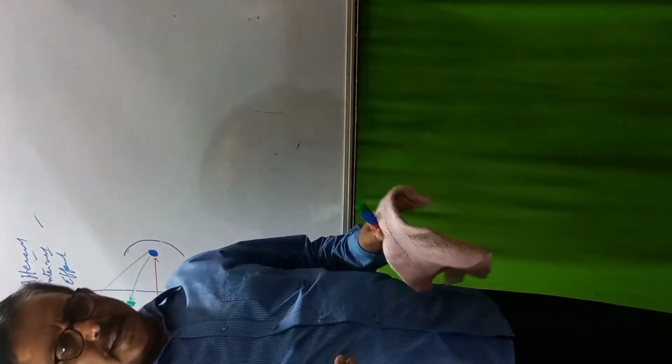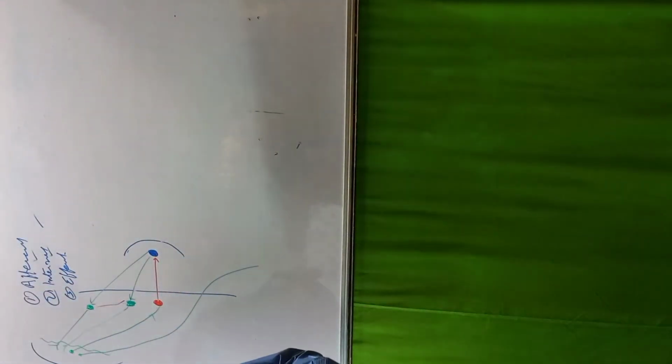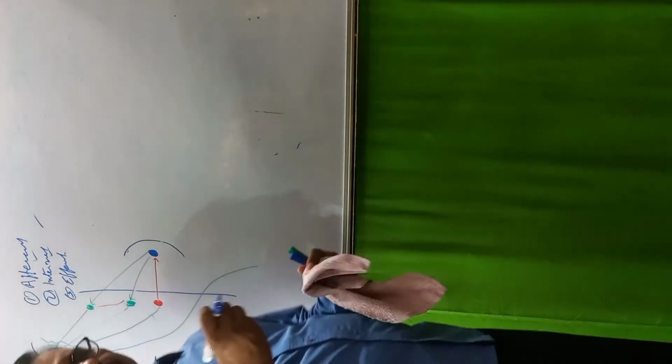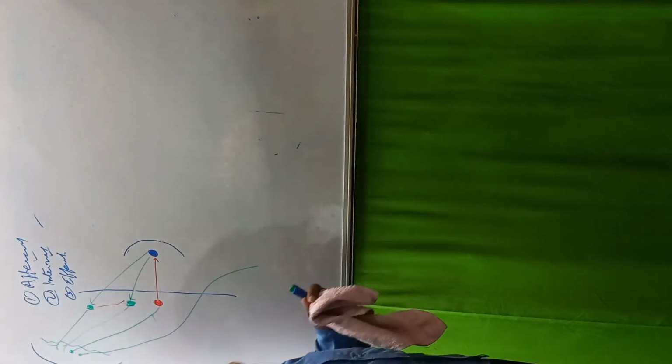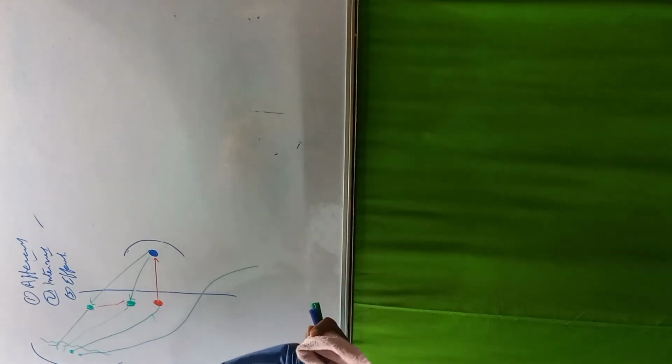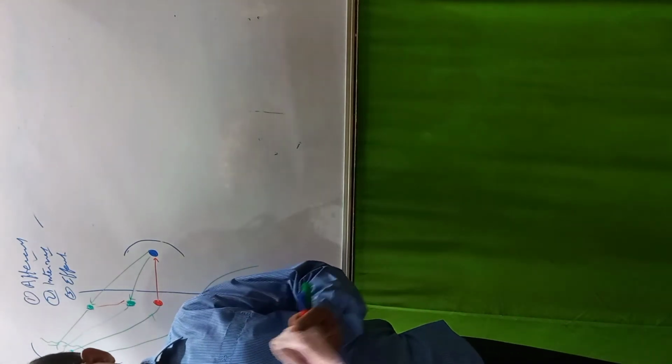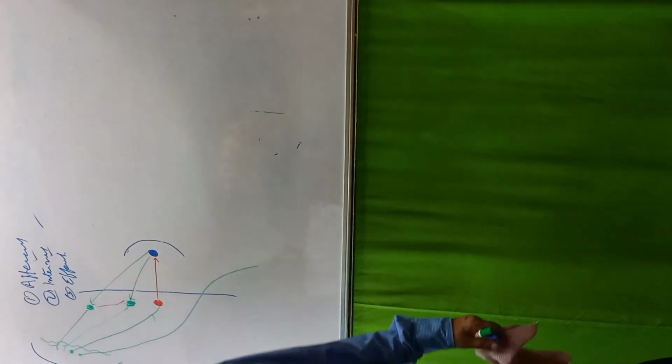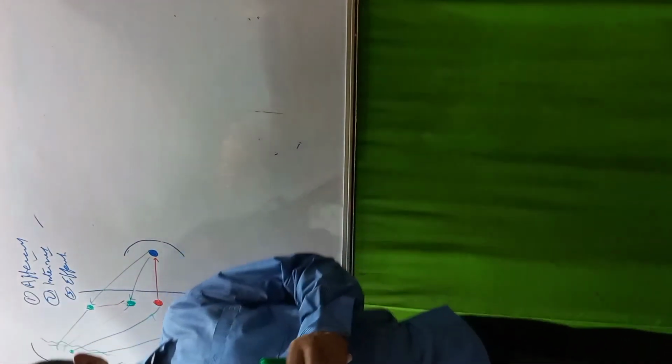When he moves, there is this type of movement. This is known as drunken gait. Then dysmetria: the direction and force of any movement is not clear, not synchronized. Then dysarthria. Dysarthria means slow slurring speech.